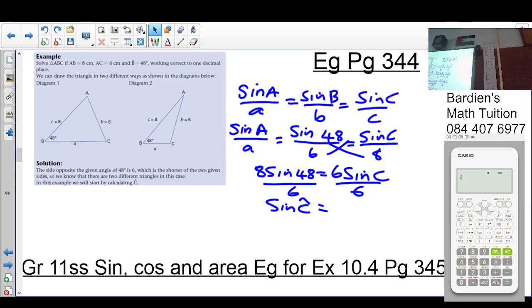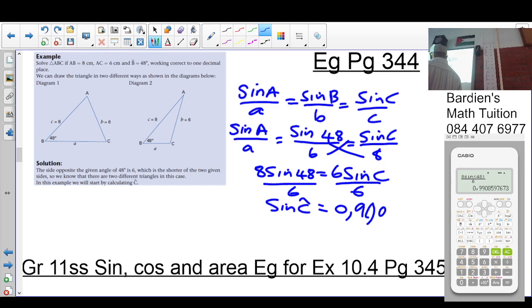So sine C is equal to, on the calculator, 8 sine 48 over 6, which is 0.9908, and the number goes on.